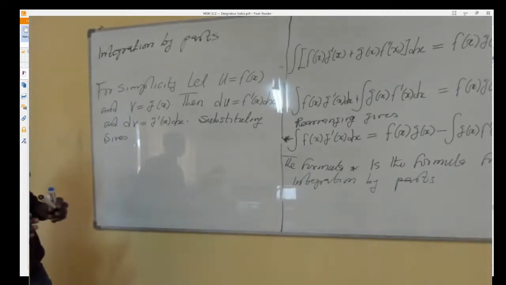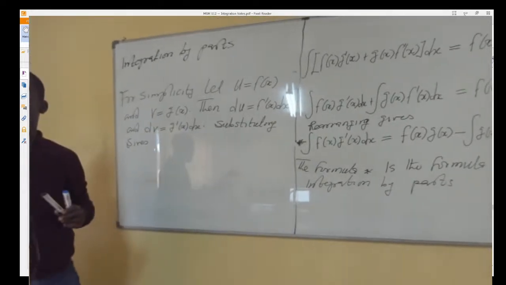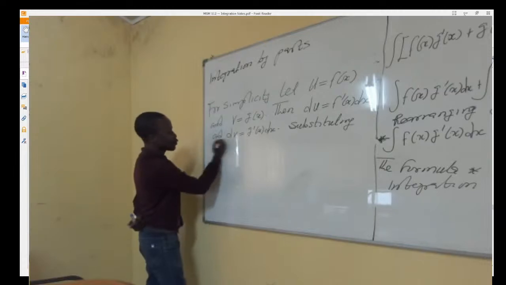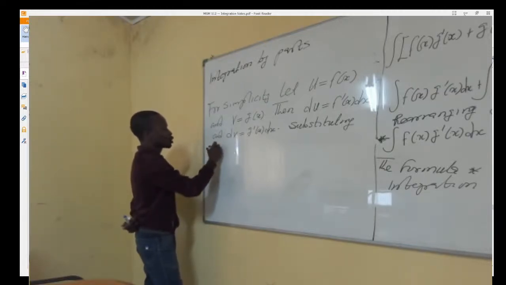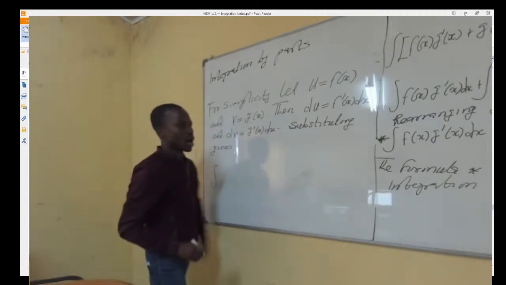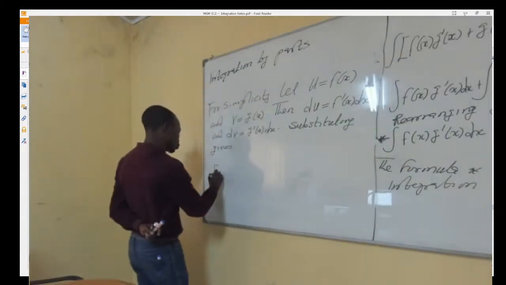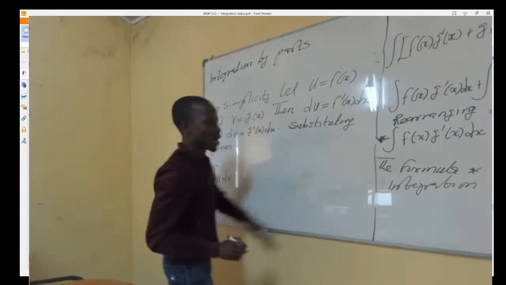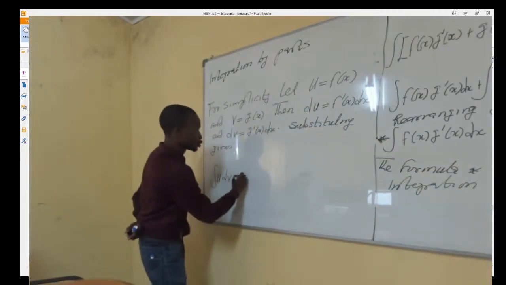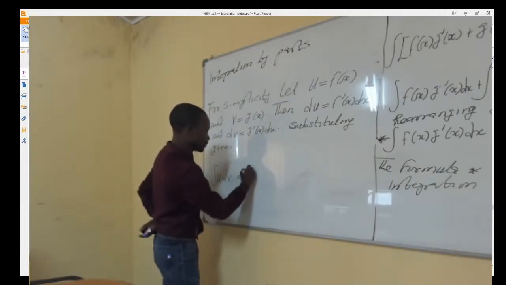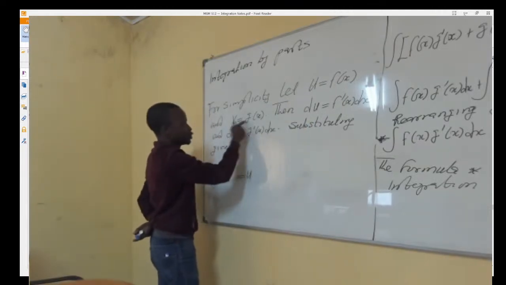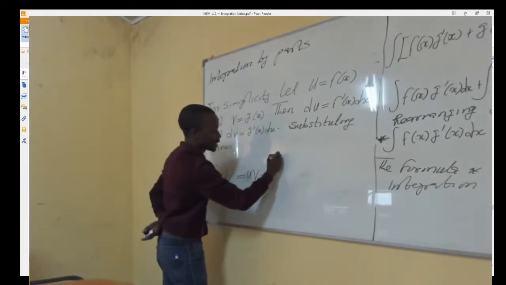So we get the integral of u dv. Where there is f of x, we put u; where there is g of x, we put v, minus the integral.